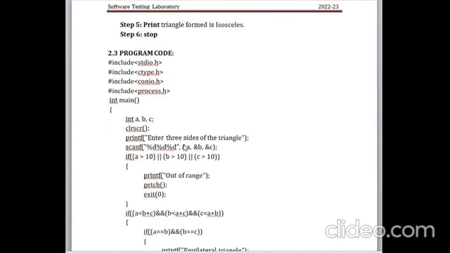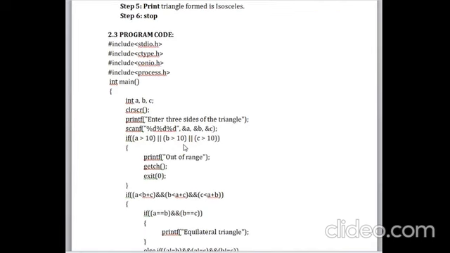Program code: see here. This is the if condition: a less than b plus c, and b less than a plus c, and c less than a plus b. Before that, we create one if condition for the upper limit of 10: if a greater than 10 or b greater than 10 or c greater than 10, and also one more condition.